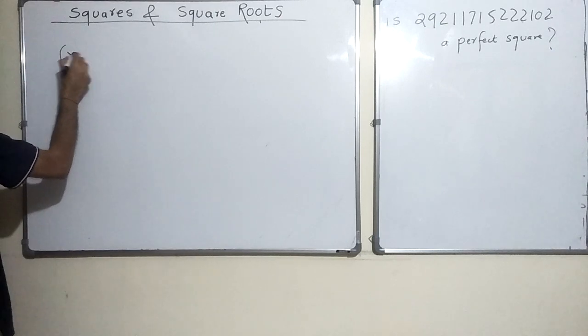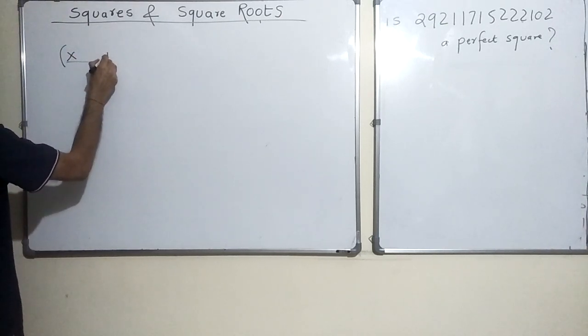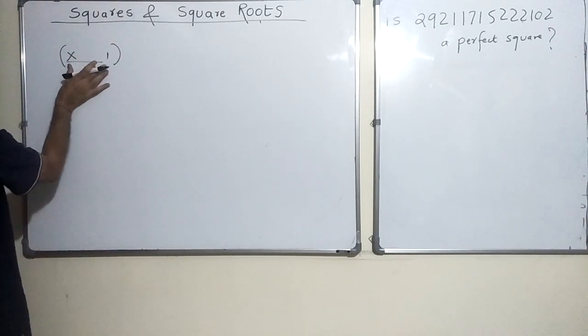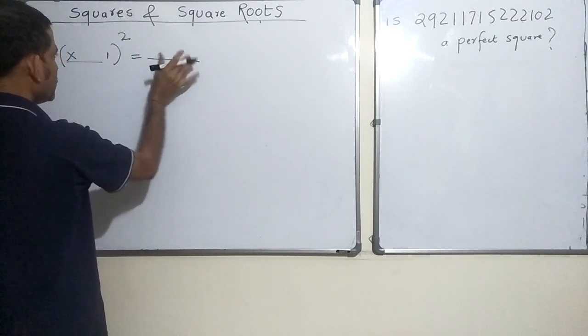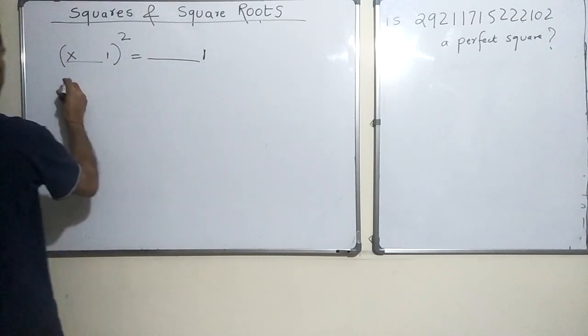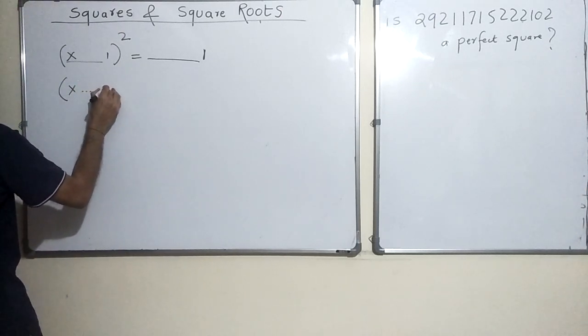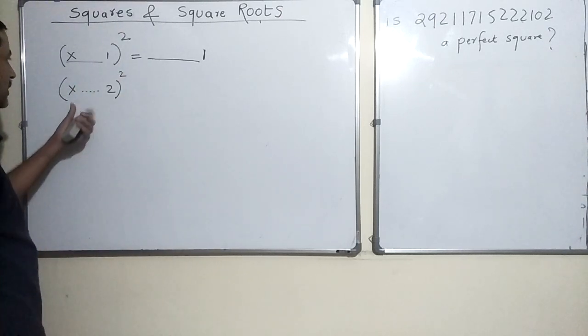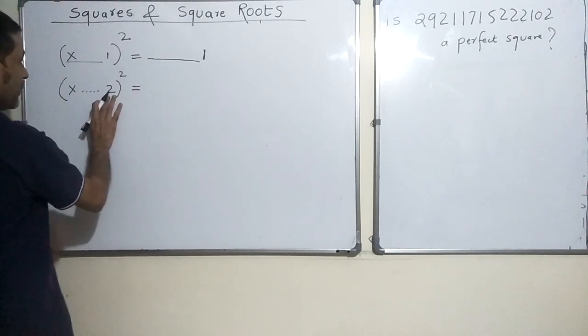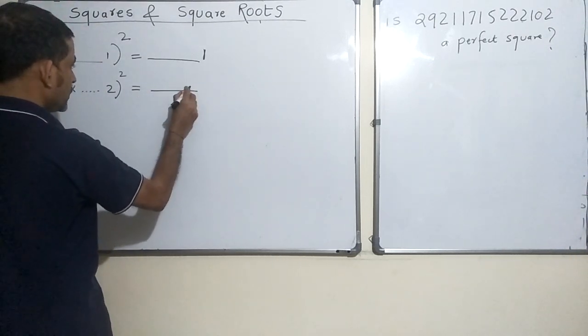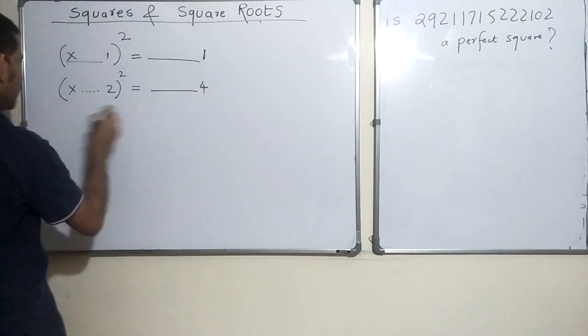So if there is a number ending with 1 and we square it, whatever the square is, it will end with 1, 1 into 1. So similarly, if there is a number ending with 2, the last digit of the square would be 4, 2 2s are 4.